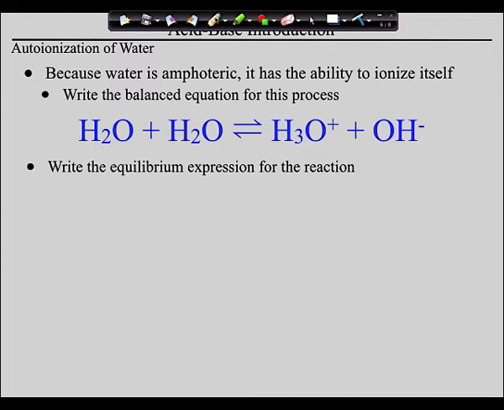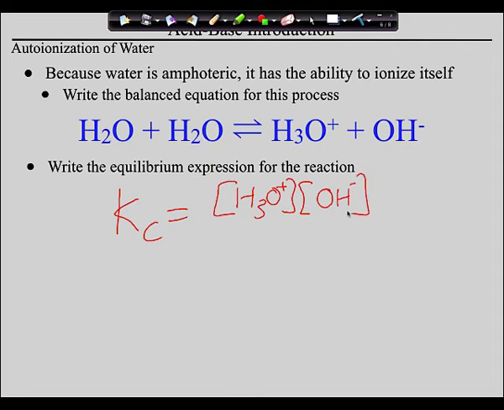You guys are about to have an aha moment, and we'll stop with it. So let's see if you learned anything at the end of the last unit. Kc is equal to products divided by reactants.